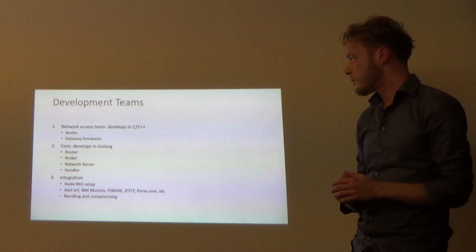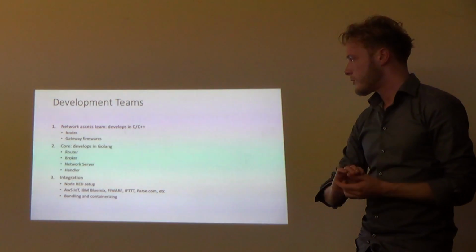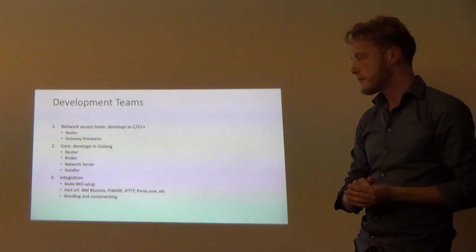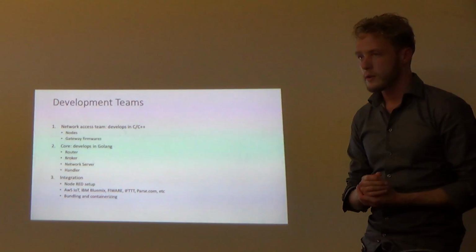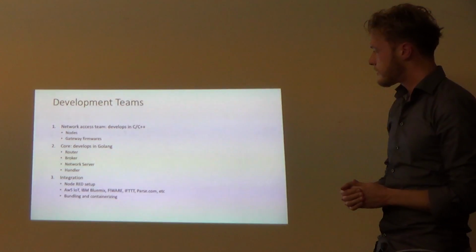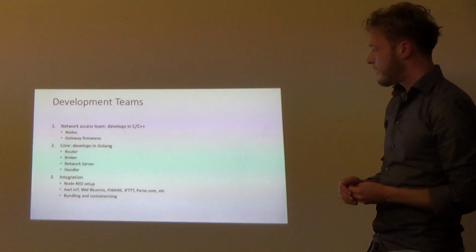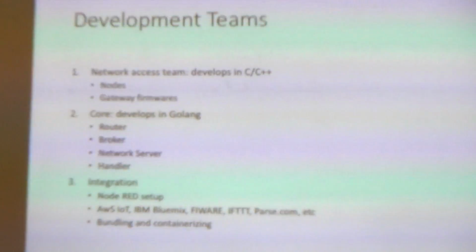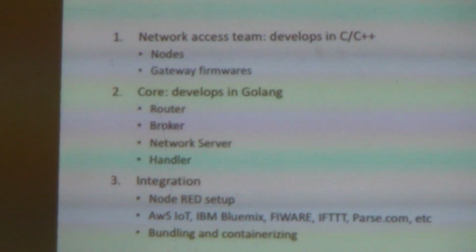Then we have the core as I presented, so those are development of the router, broker, network server, and the handler. And the third one is more like working on integration, so it would be the Node-RED things, or even building use cases, integrations with existing cloud platforms, and things like that. And also the getting it ready and bundling and containerized.